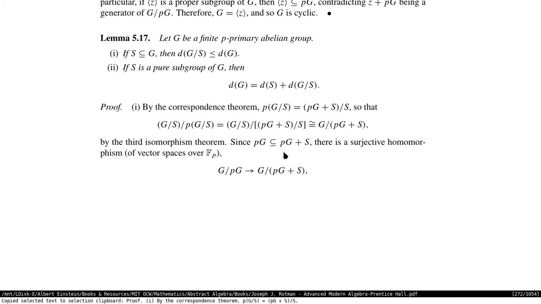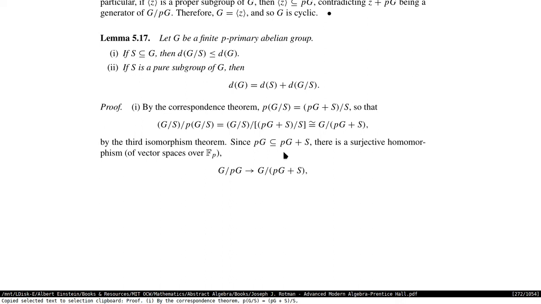Yep. So that's what he's trying to mimic here. Yeah, he's trying to mimic, as opposed to just having the inequality that you have in part 1. For a general subgroup you just have less than or equal to, and it might be equal.